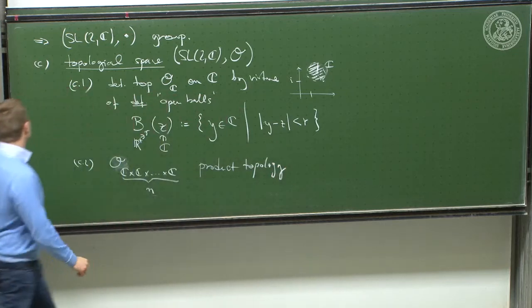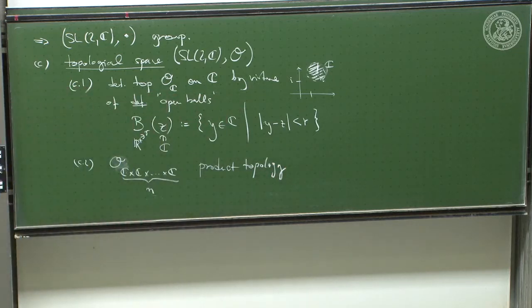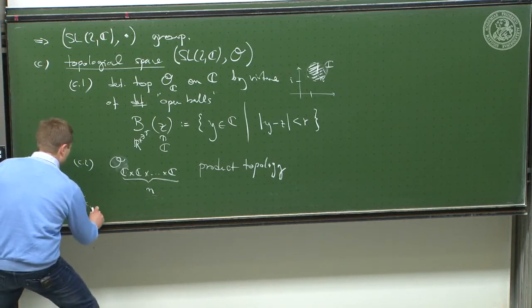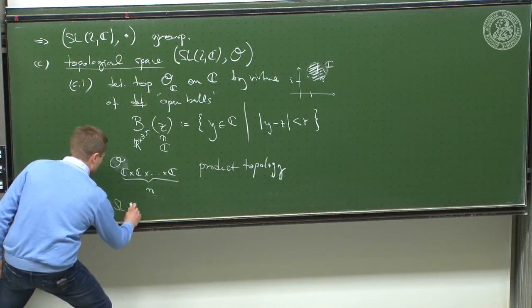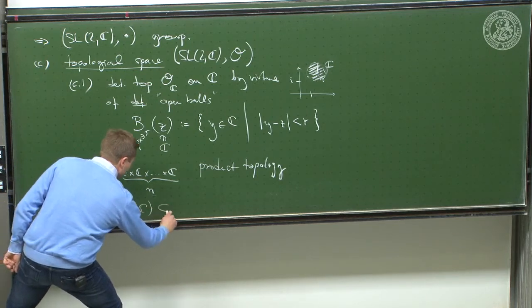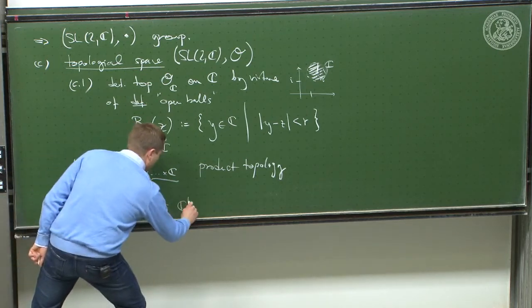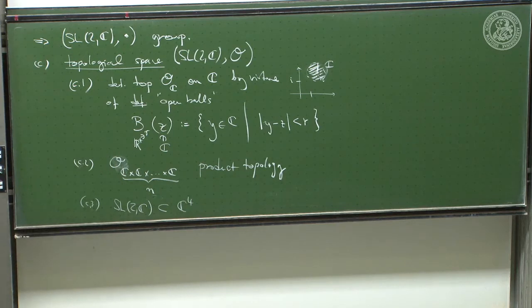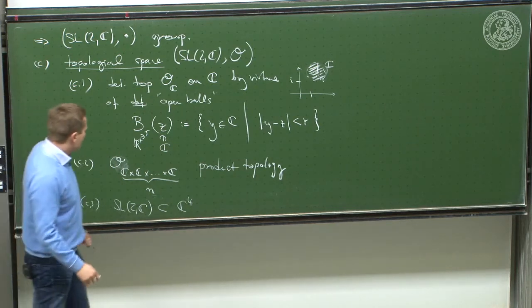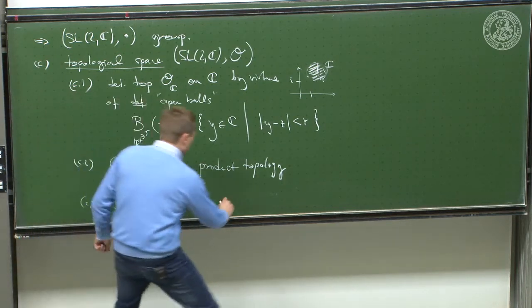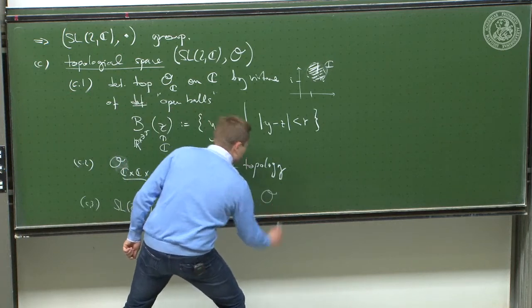If I have one on C, I have one on C4 by virtue of the construction of the product topology. Now, we have one on C4, but SL2C is not C4. SL2C is a proper subset of C4, of course, because it is C4 with a condition. Now, any subset can be equipped with the subset topology.